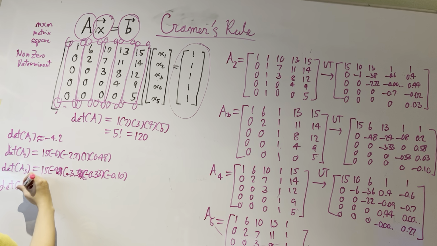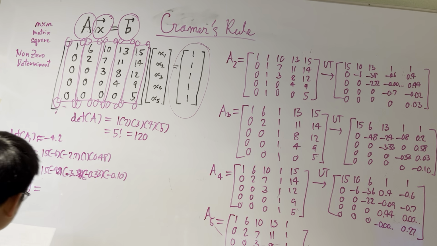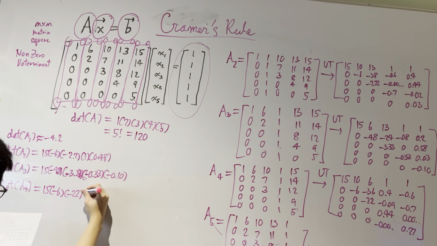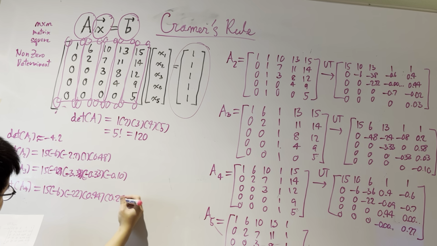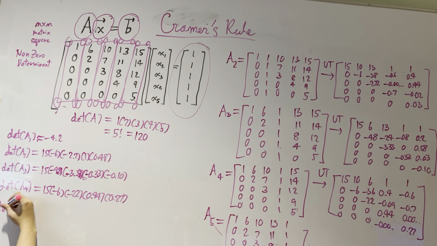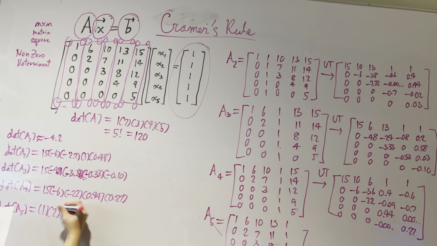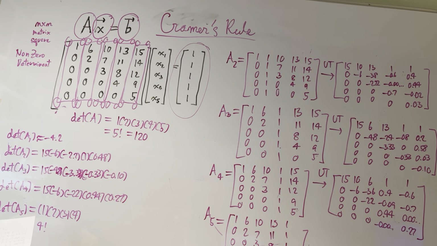The determinant of A4 equals 15 times negative 6 times negative 2.2 times 0.44 times 0.27. And then the determinant of A5 is going to be a new different thing. It's 1 times 2 times 3 times 4. Yeah, so it's 4 factorial, so it's basically this 120 divided by 5.